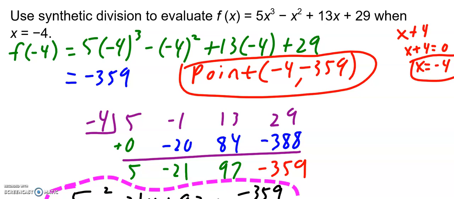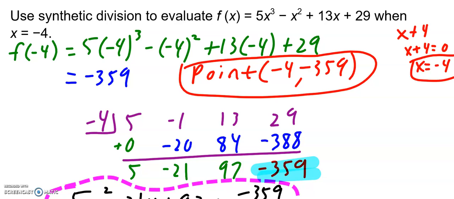So what this tells us is whenever we do synthetic division, the remainder is also the same as the value of the number we put in the corner of that polynomial. So if I say evaluate a polynomial using synthetic division, then you are going to do the synthetic division and your answer is the remainder, or the value of the remainder.